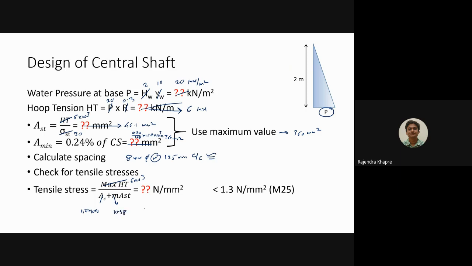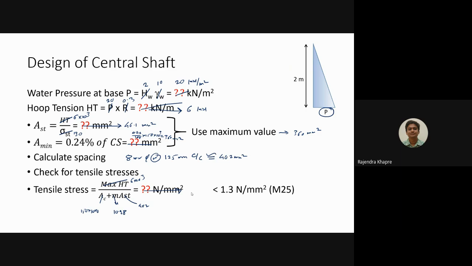Okay, and how much is the AST? That is 8 dia bars at 125 center to center. How much is this steel? That is 402 square. So this AST comes to 402.